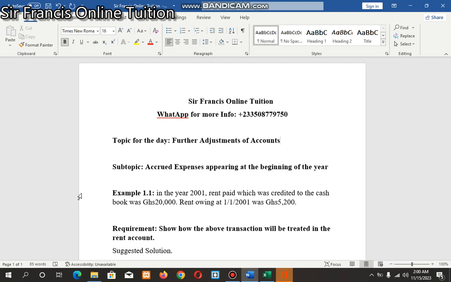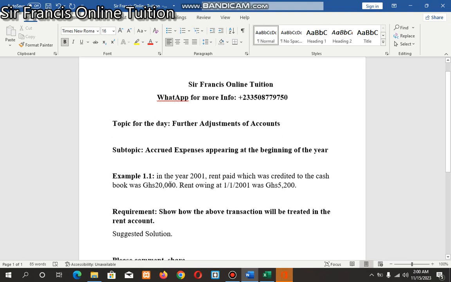But before I move on, it's very prudent for me to give a little explanation on what is meant by accrued expenses, because it might be the first time some of us are hearing such terminology in accounting. So in accounting, when you say accrued expenses, we are talking about expenses that we've already enjoyed the benefits of, but payment is yet to be made.